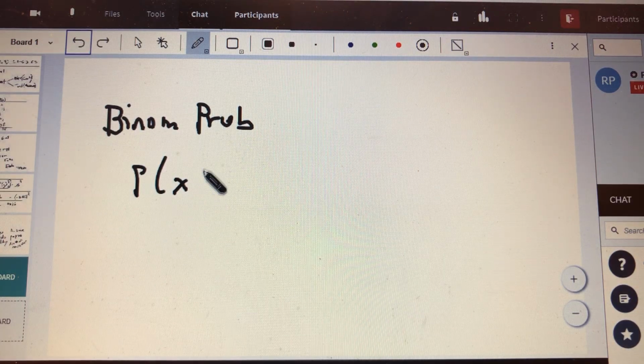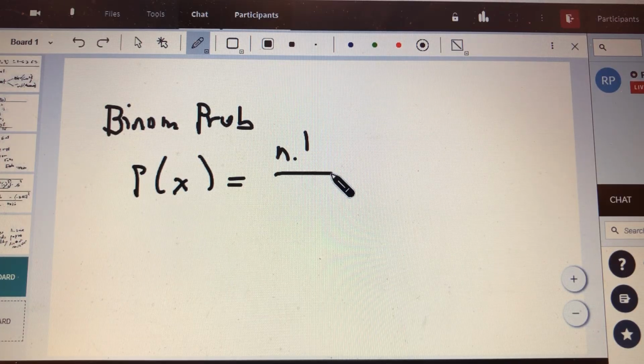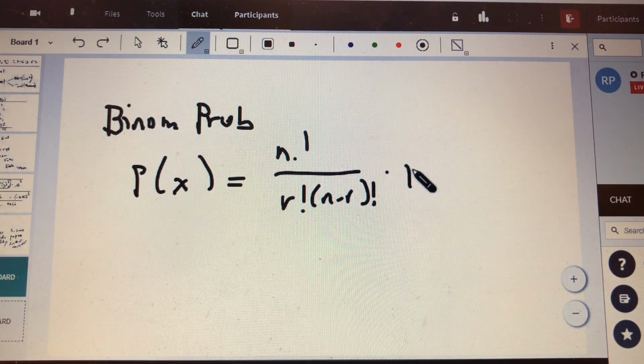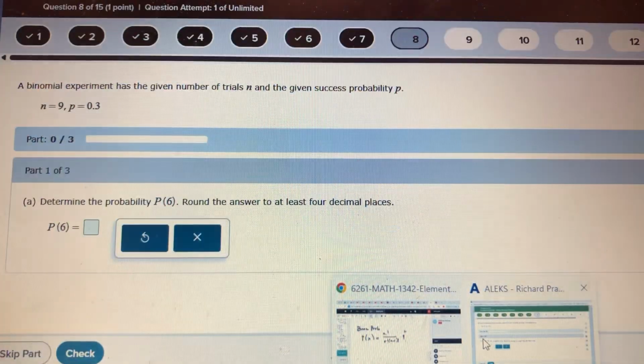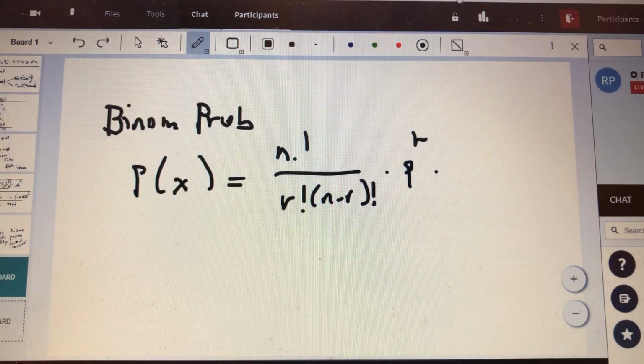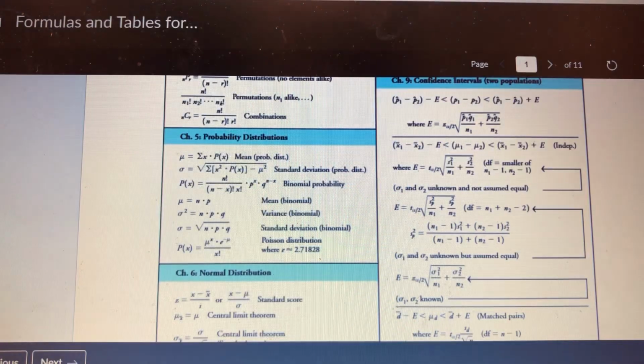It's n factorial over r factorial times n minus r factorial times the probability of r, p to the r, and then let me do it exactly how it is on here. And q, that was what I wasn't sure if they put q or if they put 1 minus p. So q to the n minus r.